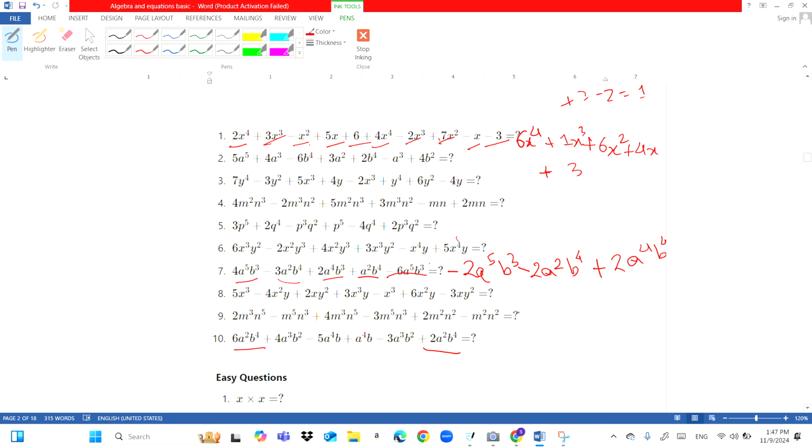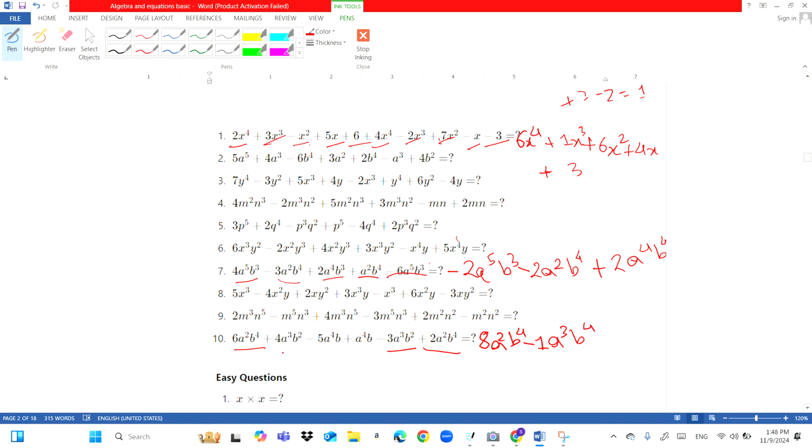So 6 plus 2, I can write it as 8 a square b4. Now this is 4 a cube b square. Do we have a cube b square? There it is. That is 4 minus 3. 4 minus 3 is 1. That is 1 a cube b square.